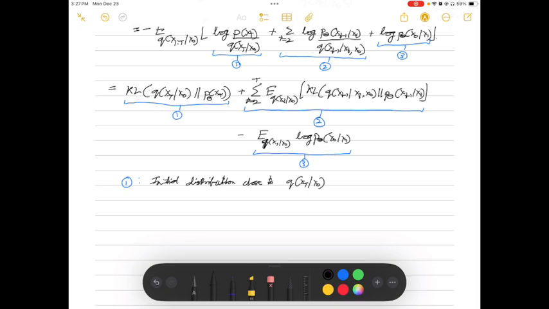So essentially this is imposing consistency, or you can say uniformity.